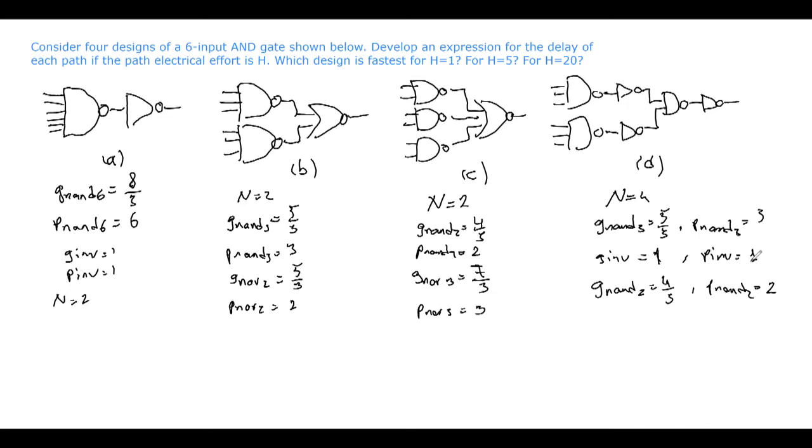What you can do is, for example, let's pick up a different color. If this is A, this is B, this is C, and this is D, and this is E, and this is F, for example, what is the expression here? It is A bar, this is a NOR gate, plus C D bar plus E F bar.